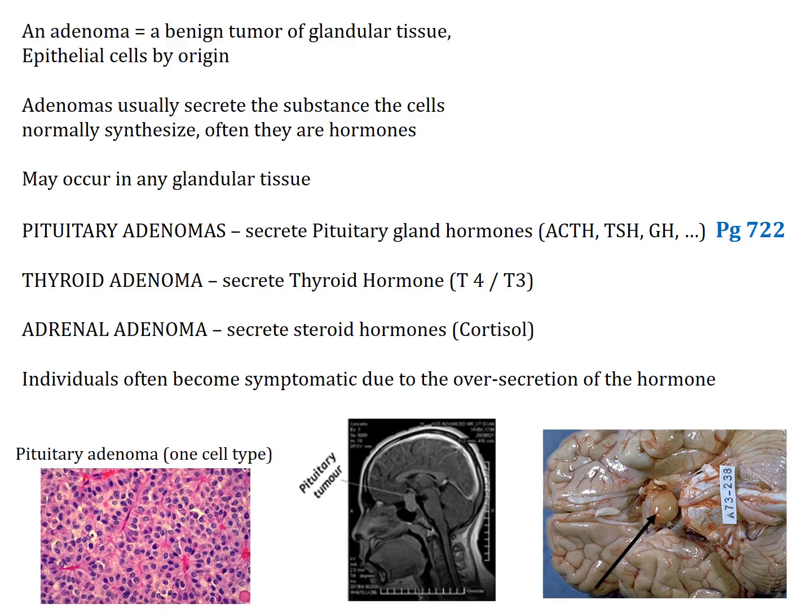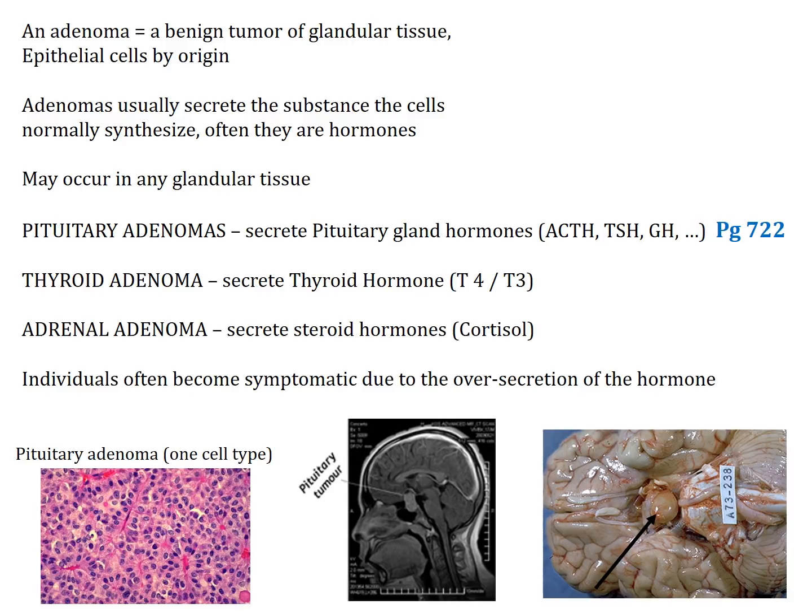Too much is hyper, too little is hypo. These adenomas often cause an individual to go into a hyper state. And depending on what type of glandular tissue that tumor arose from, different types of hormones may be released from these adenomas.